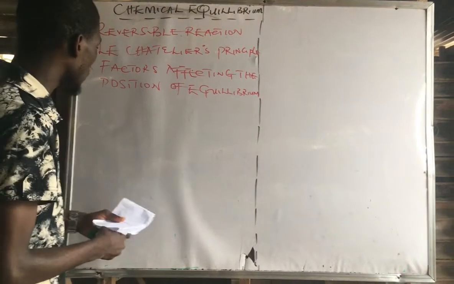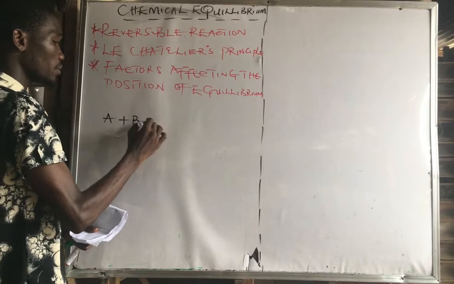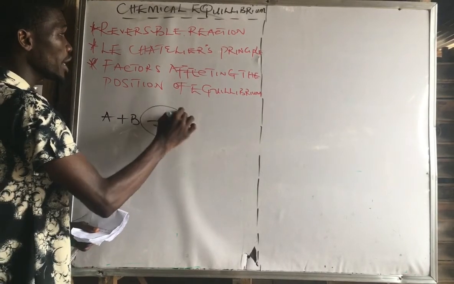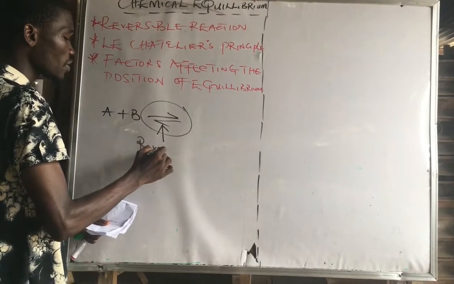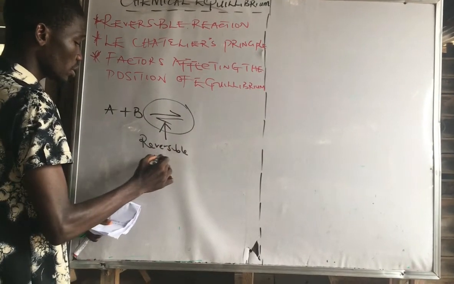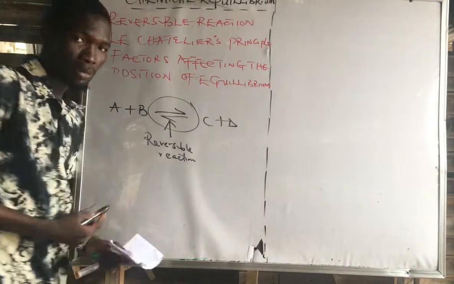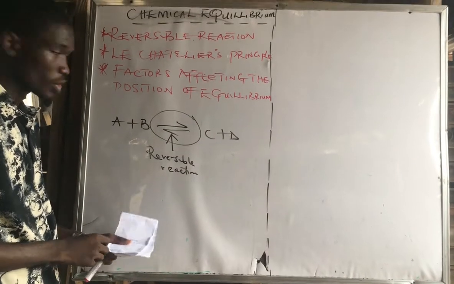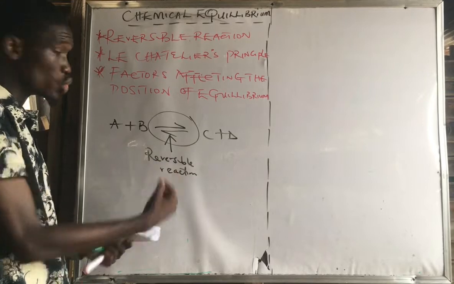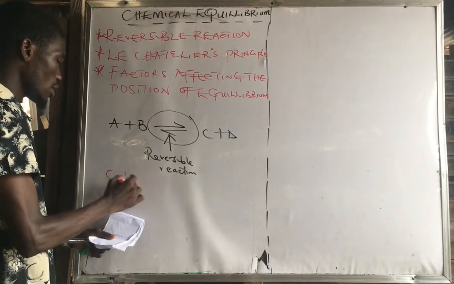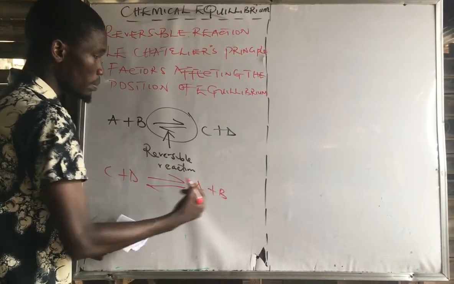For example, if I have A plus B, don't forget this arrow is used to represent a reversible reaction, C plus D. I can also revise this to be C plus D, A plus B.